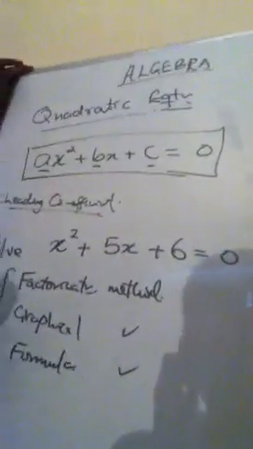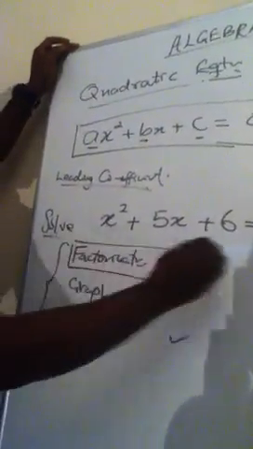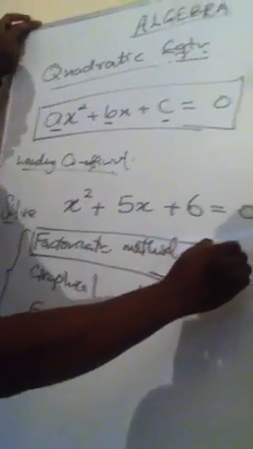There is an obstacle where the board is not big enough, but you just bear with me. Using the factorization method, we can factorize by grouping.